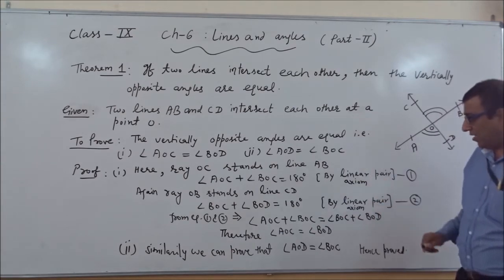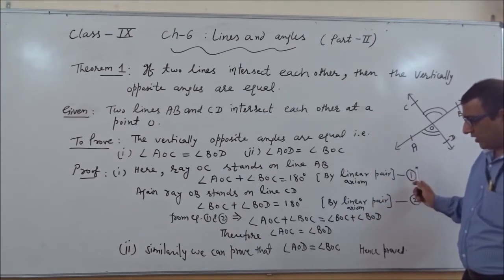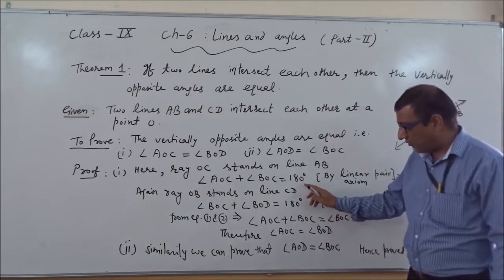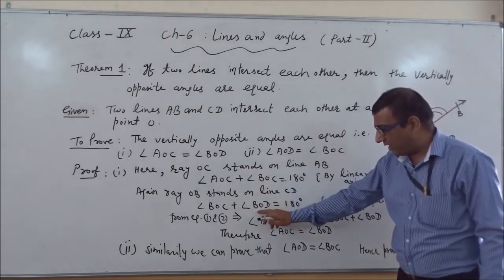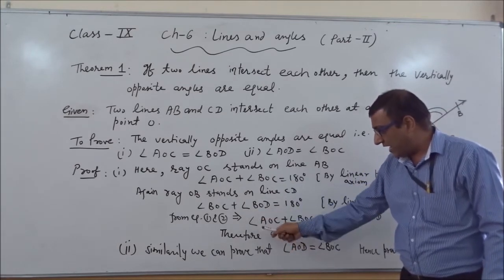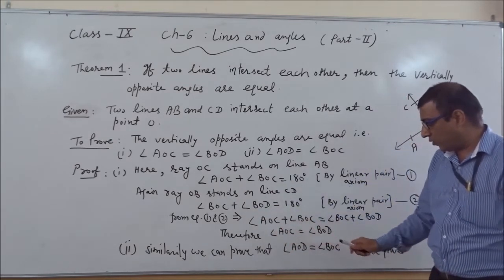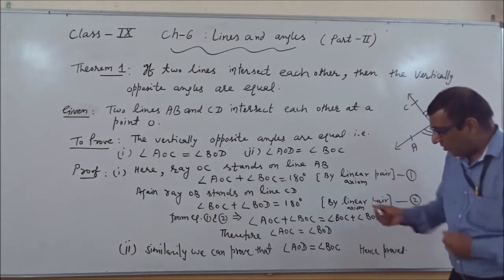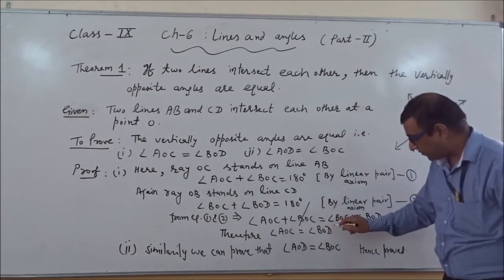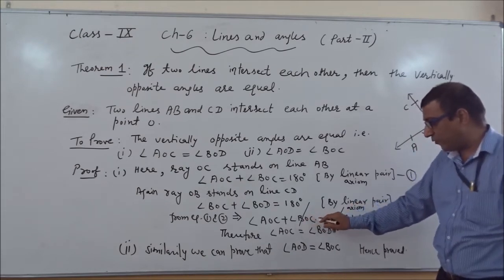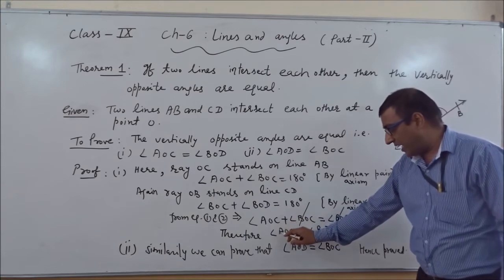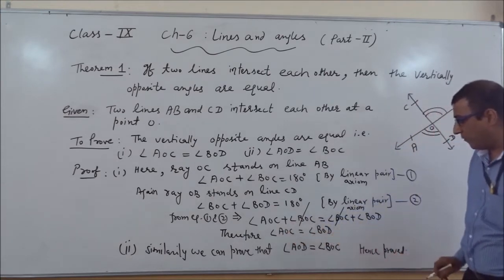With the help of these two equations, if we see these two equations, their RHS parts are equal. So it means the left hand sides will also be equal, so we will write angle AOC plus angle BOC equals angle BOC plus angle BOD. Now we will cancel these two, because angle BOC lies on both sides, so that we get angle AOC equals angle BOD.